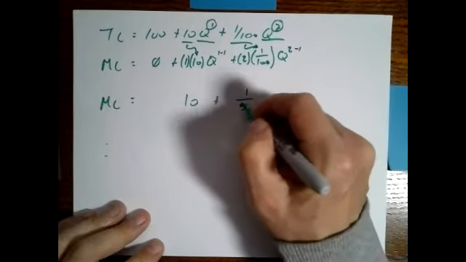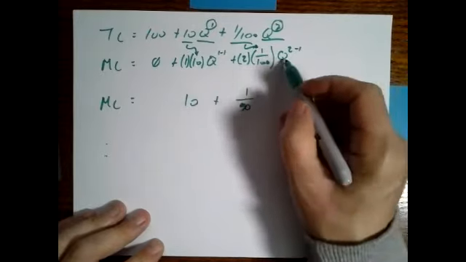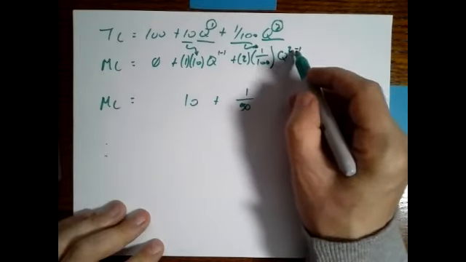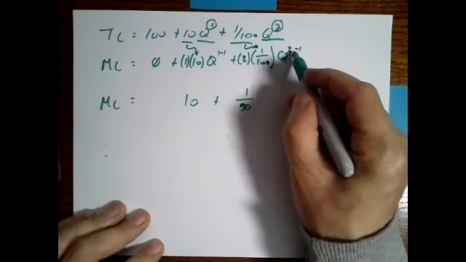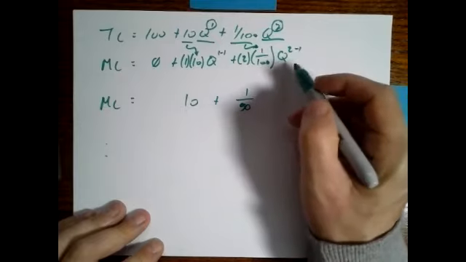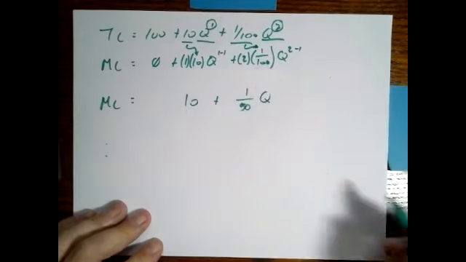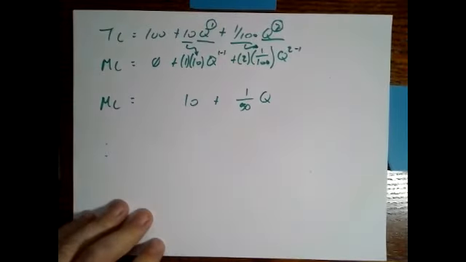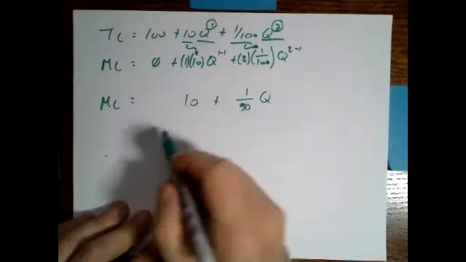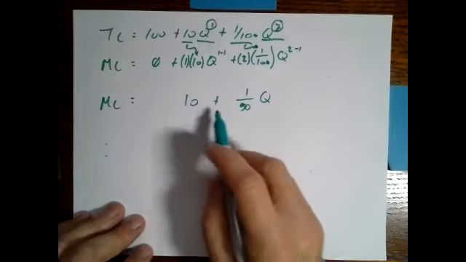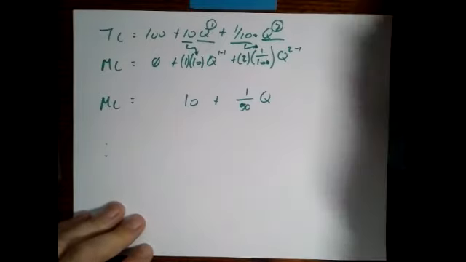So I've got 1 over 50 times Q to the 2 minus 1. Well, Q to the 2 minus 1 is Q to the 1. Anything to the first power is just itself, so we can stop writing the exponent. So our marginal cost is 10 plus 1 over 50Q.